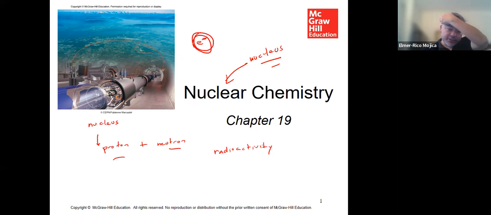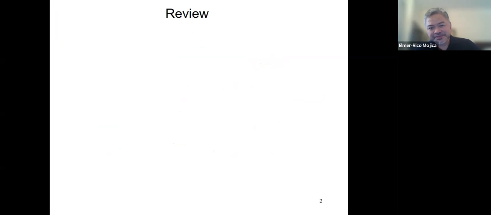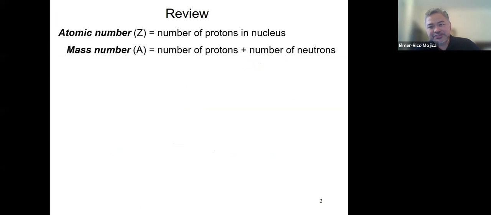Right? So what do you need to know? The concept is still the same as what you have learned before. So you know about the atomic number and the mass number. Atomic number is just the number of protons in the nucleus.